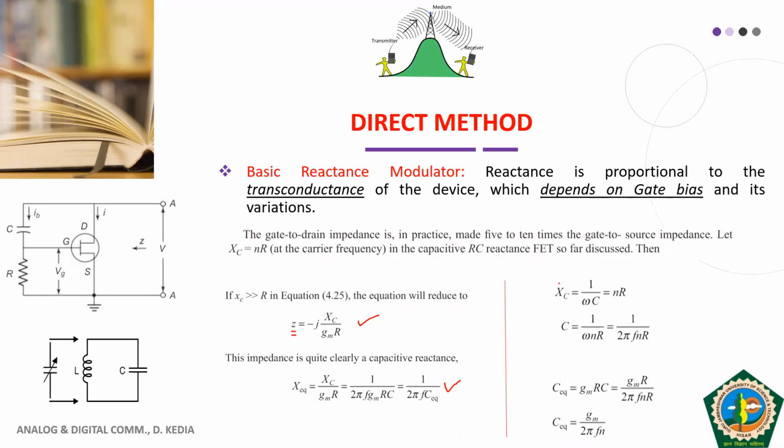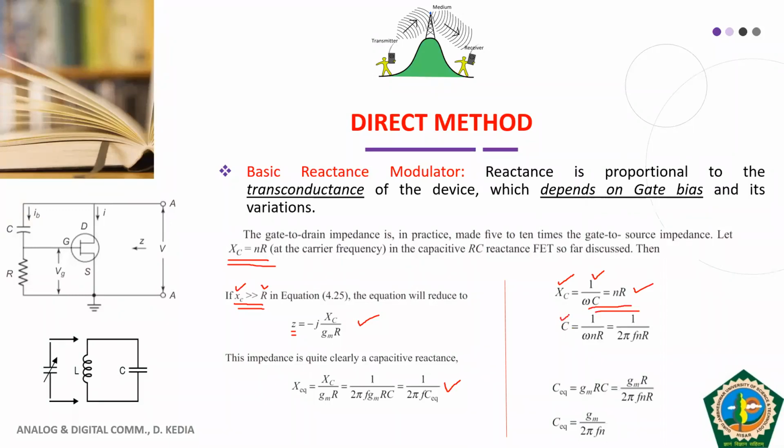Okay, and I told you that your capacitive reactance XC gives us 1 by omega C, and since this XC is very greater than R, we have assumed that. So obviously your XC will be some multiple of R. So we can say that XC is equal to N into R. Okay, so if we say XC is equal to N times R, that means XC is greater than R. Okay, so then from these two, what do we get?